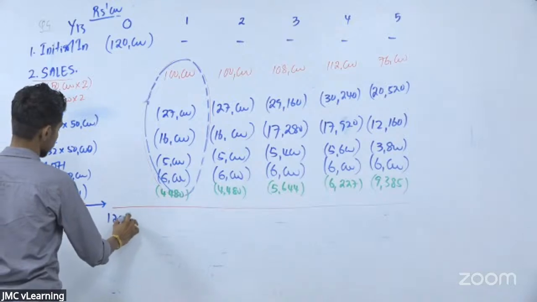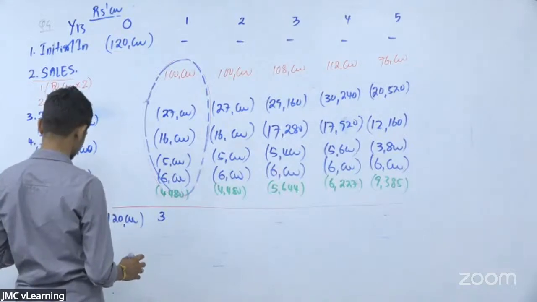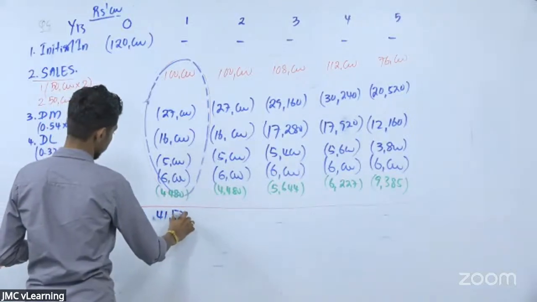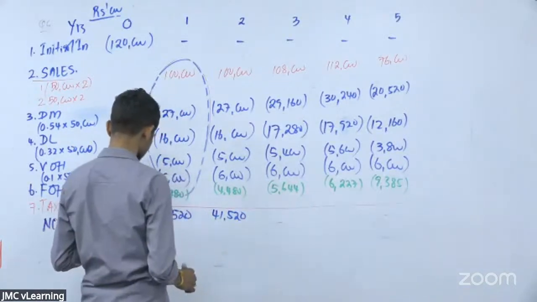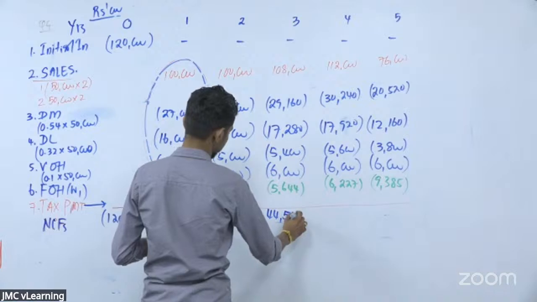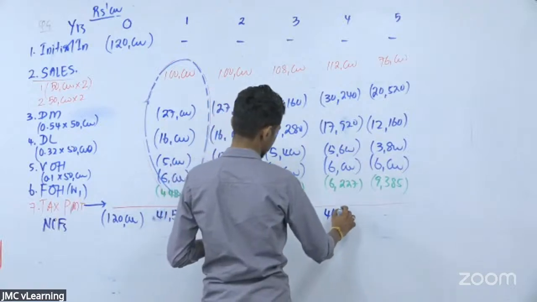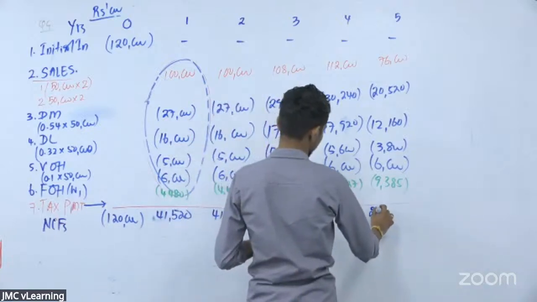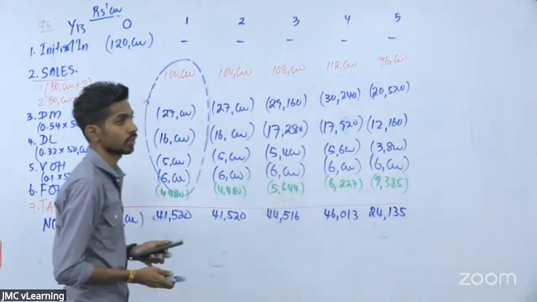Here, 120,000 minus. Thereafter, 41,520. 41,520. 44,516. 46,000. 13 rupees. 24,135. That is the net cash flow.